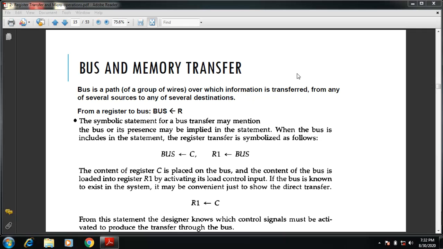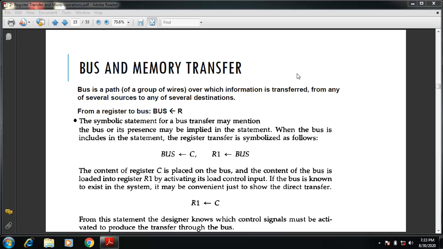In the previous class I explained only register transfer language. In the register transfer language, what is a register, and how a register is represented in COA, that is computer organization: a register is represented by a capital letter R. It denotes a register.